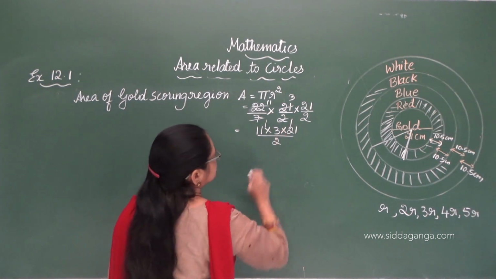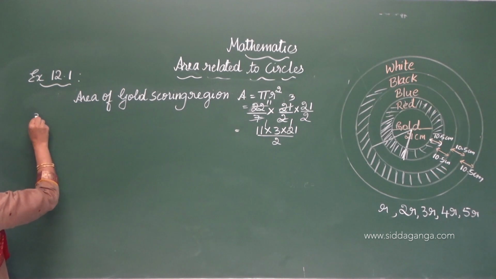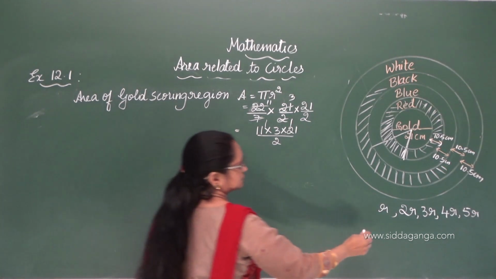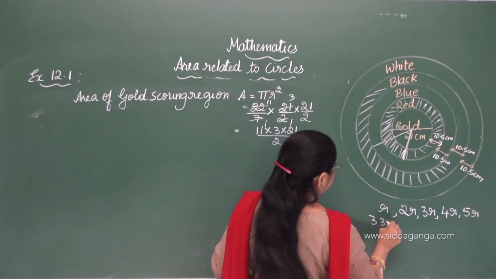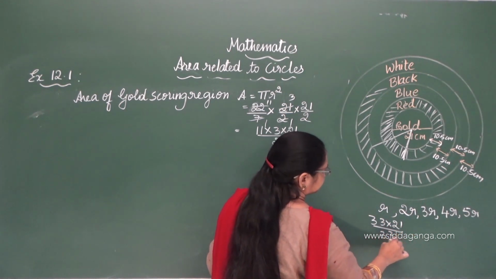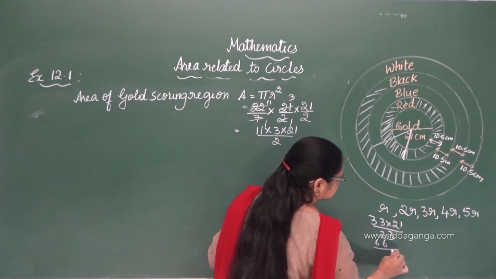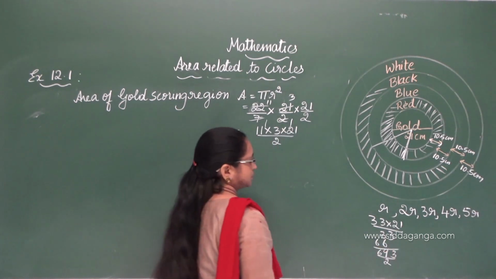11 threes are 33. So I will calculate here, 33 into 21. 3 1s are 3, 3 2s are 6, so 693, divided by 2.